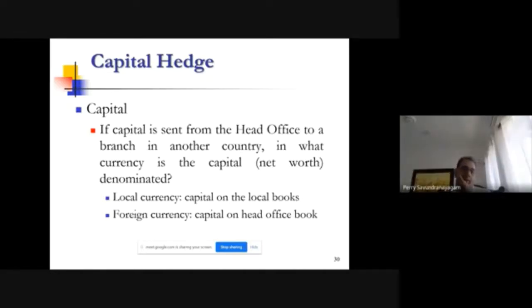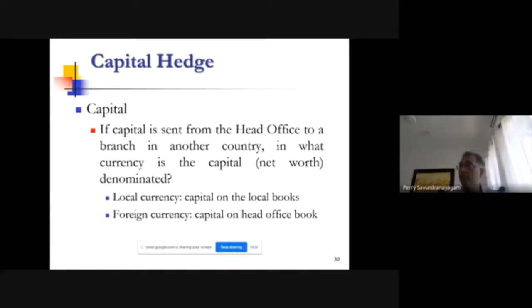So when capital is sent from, say, a foreign entity to one of its branches in another country, it can be denominated in the local currency on the books of the place it's sent to. And in the head office where it's sent from, it is reflected in the currency of the country of origin.